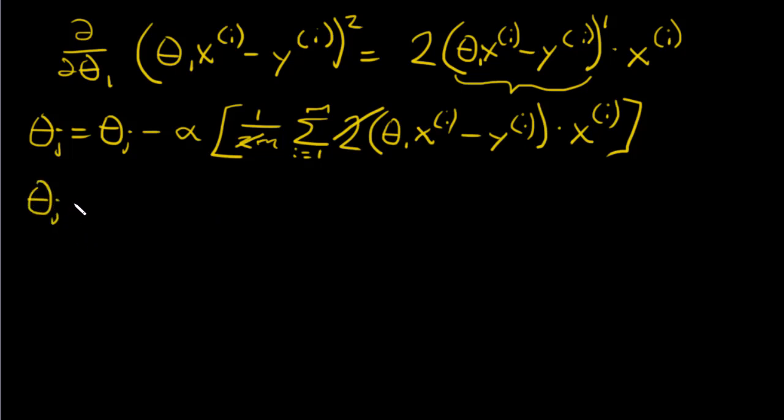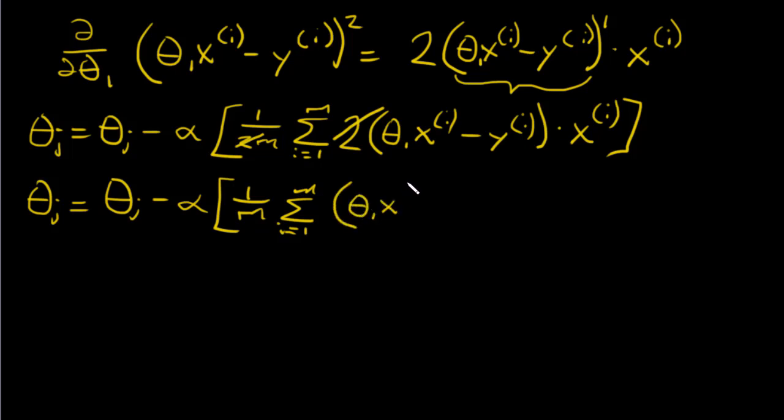The gradient descent is going to be our new theta is going to be our old theta, minus alpha times 1 over m summation i from 1 to m of theta 1 xi minus yi times xi, and we are done.